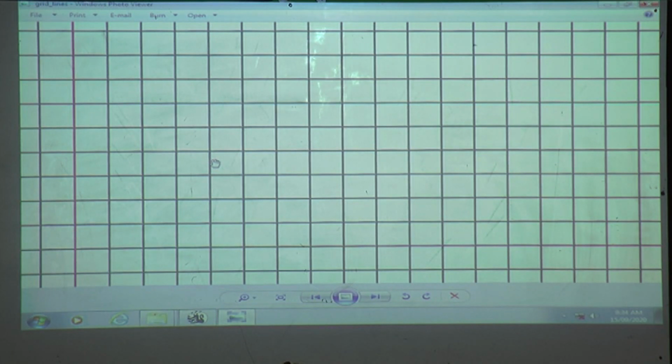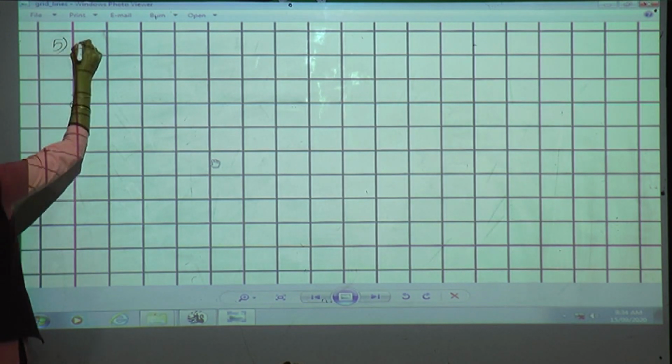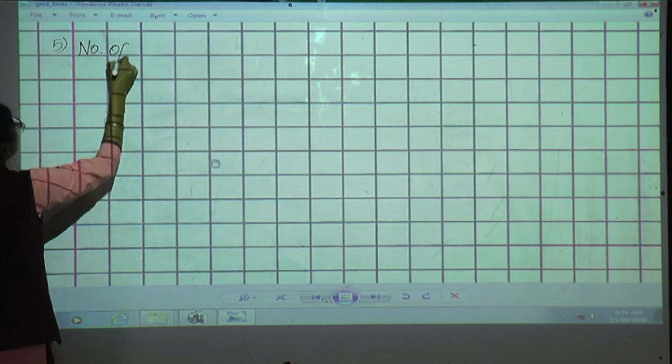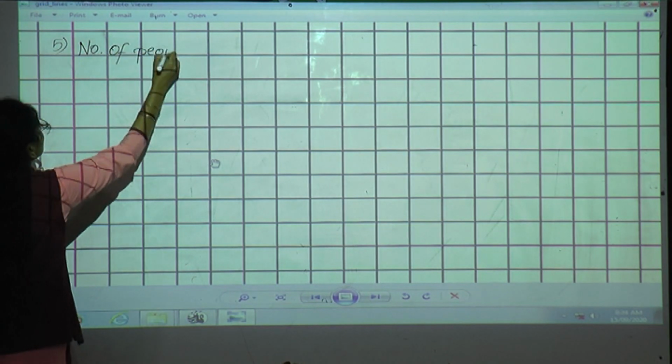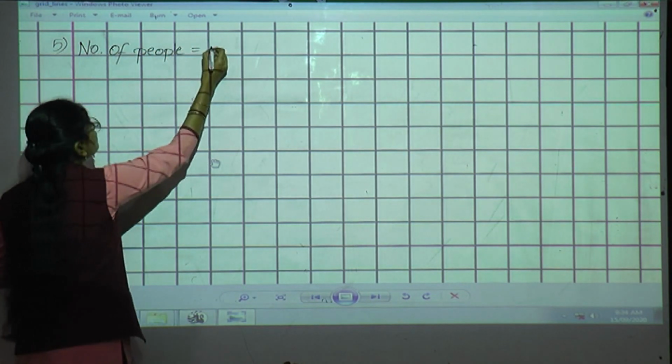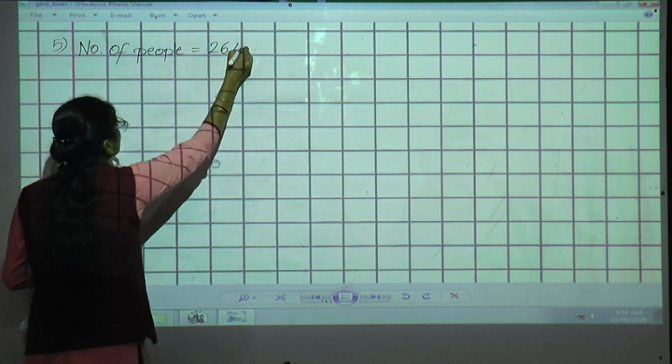See, there is one party, and in that party there were 264 people. So what we will write here? Number of people is equal to 264.